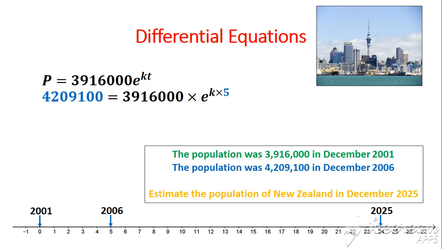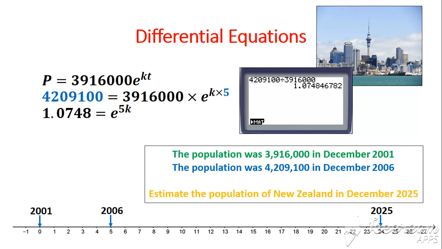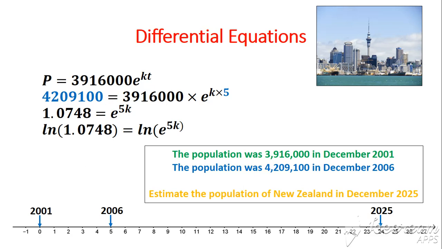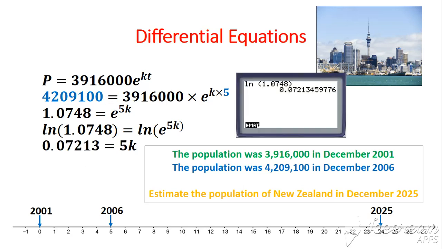Now to solve this equation for k, let's quickly do that. We're going to divide both sides by 3,916,000. So we get 1.0748 is equal to e to the power of 5k. We're now going to take the natural log of both sides. The natural log of the left is 0.07213.